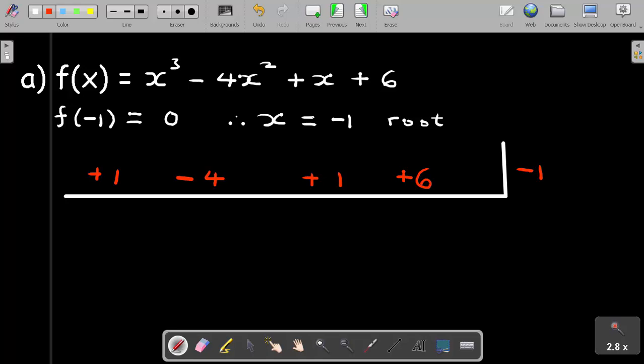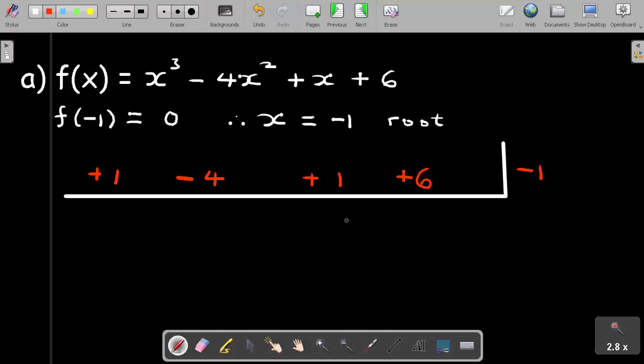I repeat: after getting 0, I get my root, then I put it here, that's why it's negative 1. Then I write the coefficients on this backwards L. I begin with the x cubed, which is positive 1, then negative 4, then positive 1, and then positive 6.